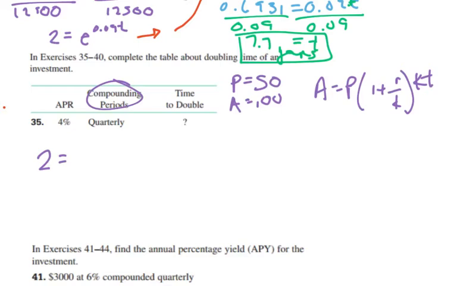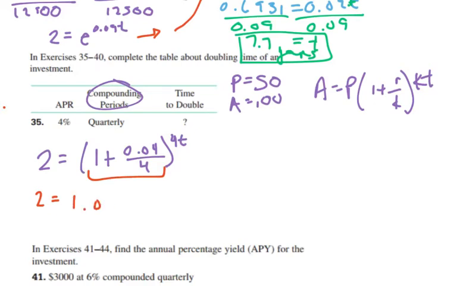We already did A and P, so we need 1 plus our rate, which is 0.04, over K, which was quarterly, and then that's going to be 4 times T, because we're trying to solve for T. We need this evaluated as decimals, so we can eventually rewrite it. So 0.04 divided by 4 plus 1 is 1.01.